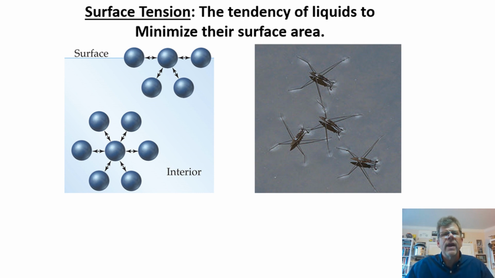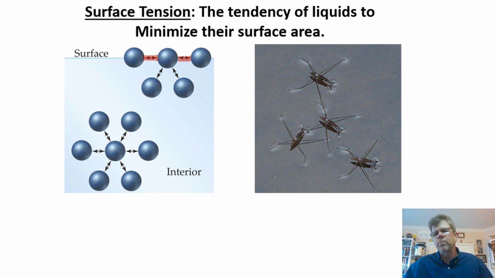However, if we have a particle at the air-liquid interface, the surface of the liquid, we have a difference in the intermolecular forces, the attractive forces between particles right beneath the surface and particles at the surface as well. So we have differences in those intermolecular forces. The ones at the air-liquid interface are stronger than the ones under the water, and what this does is it sort of pulls a tension on the liquid that we're dealing with.